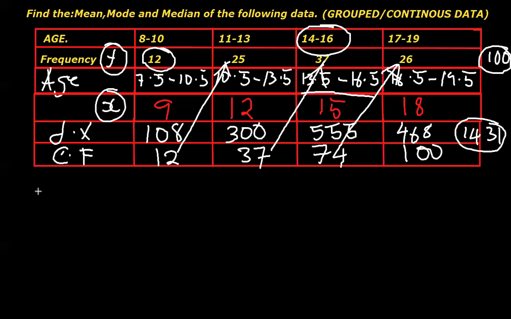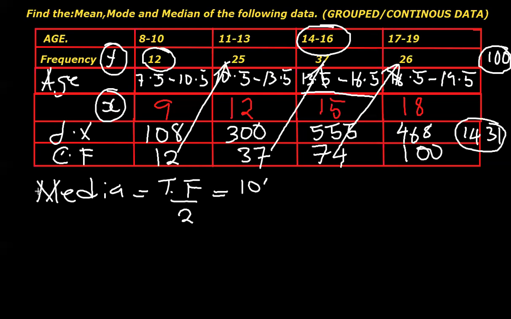Now we're calculating the median. So for the median, we first take the total frequency and divide by 2. That is going to give us 100 divided by 2, and it means the median student will be the 50th student.